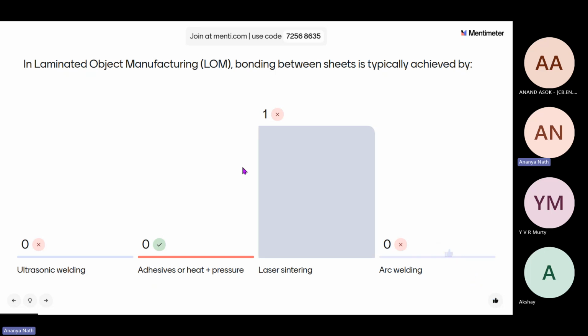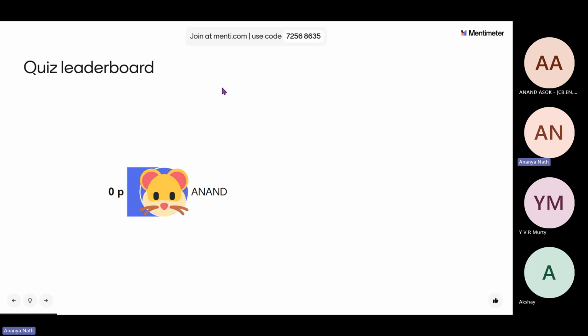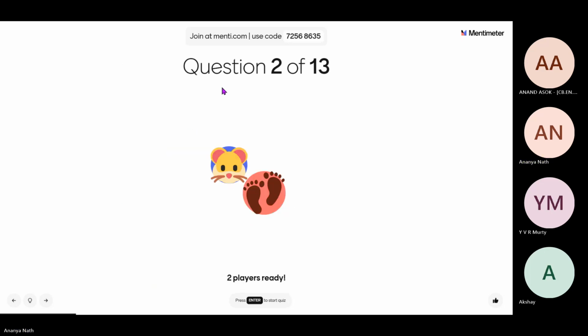So the questions will come, the answers you have to mark, and you have to mark as fast as possible. So when you mark the answer, you'll get some points. The two players I can see. So when I enter, the question will come, then you'll get some time to answer. So answer as fast as possible. The faster you answer, the more points you get. So it's just a kind of a fun game.